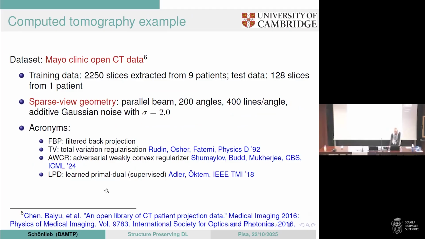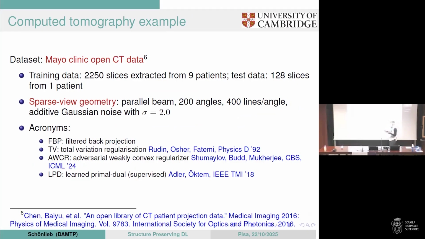So this is now an example with the same abdominal scan data that we had at the beginning, which comes from the Mayo Clinic. We had some training data in this, so everything here was simulated.